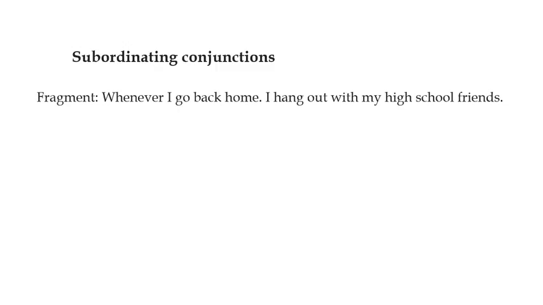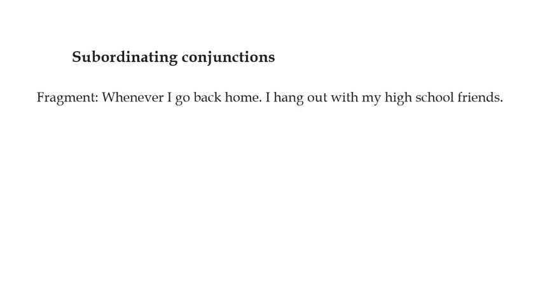Okay, the third problem area is these subordinating conjunctions. And if you remember in the lesson on meet the sentence, this is the kind of conjunction where if a sentence begins with this conjunction, it has what's called a dependent clause, and it needs an independent clause to complete the thought.